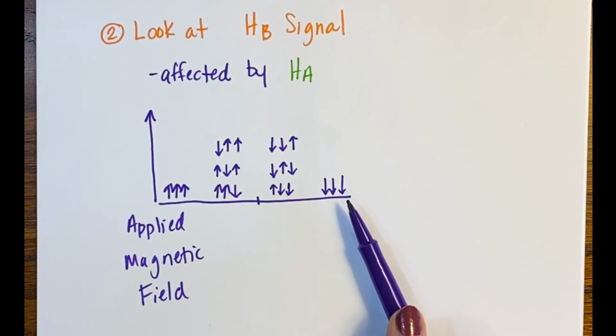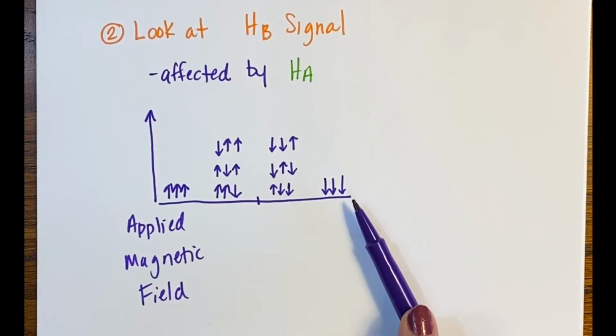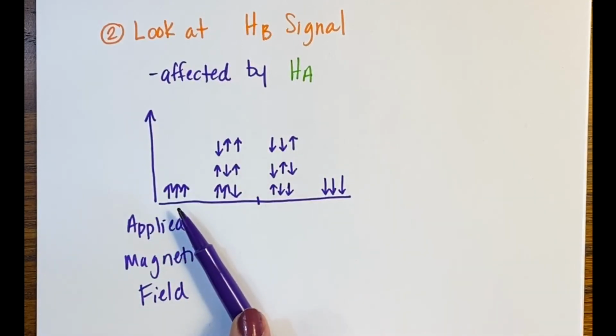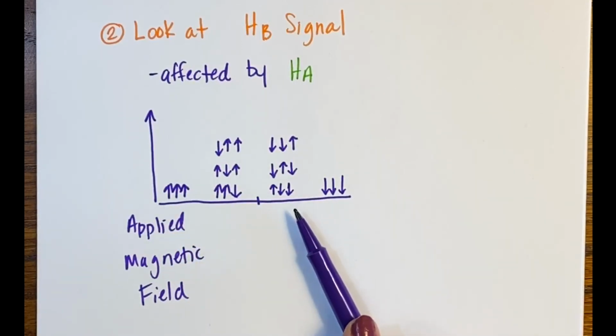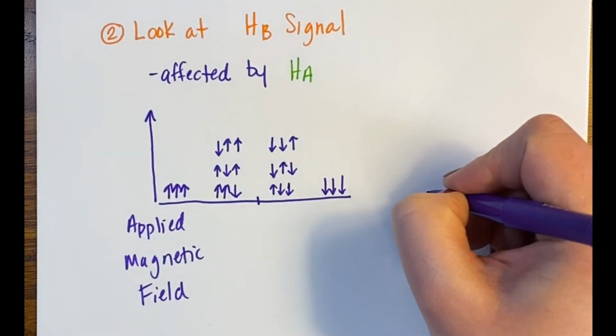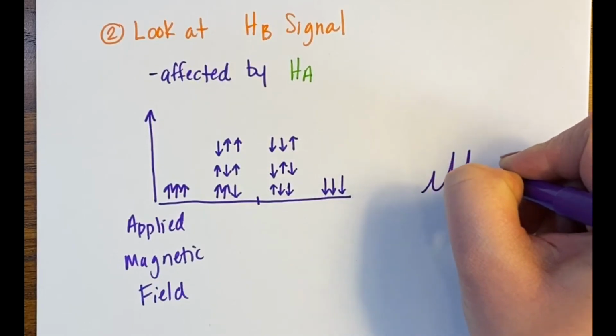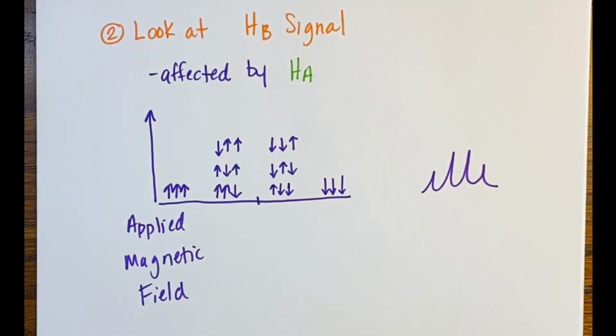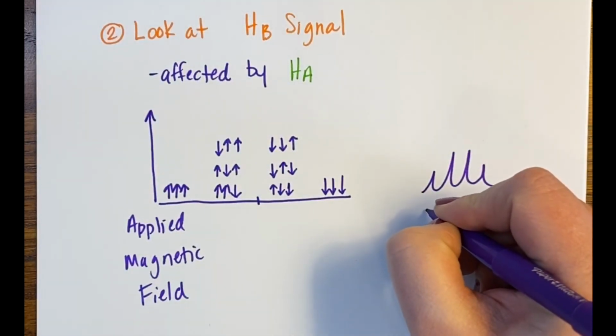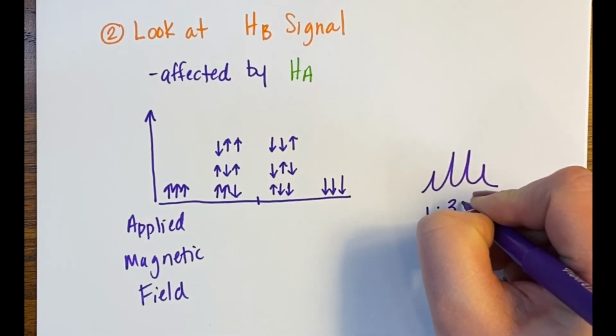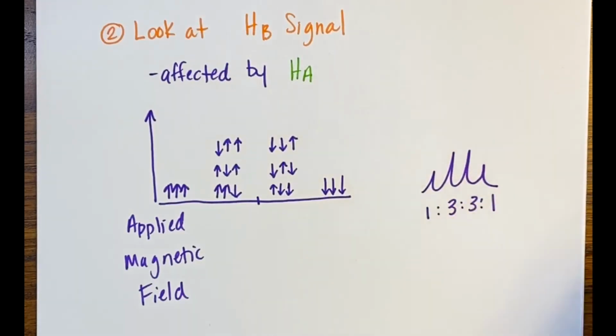And so we're going to have 4 lines in our spectrum, and our peak is going to specifically have ratios for our areas under those peaks that are 1 to 3 to 3 to 1. So our signal for HB is going to be a quartet. It's going to look like that, where we have a ratio for these peaks that's 1 to 3 to 3 to 1 that comes from the way that HA can impact the magnetic field of HB.